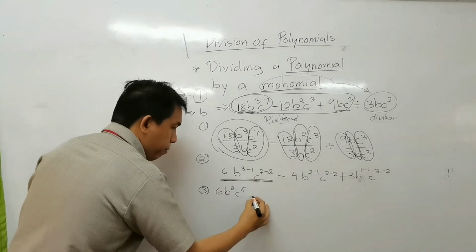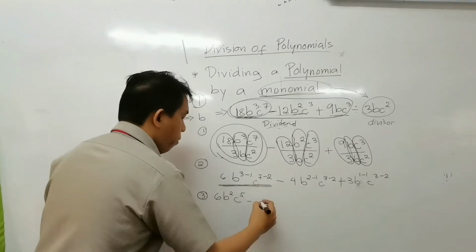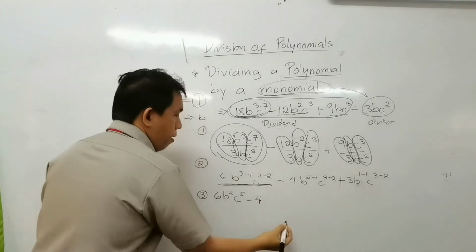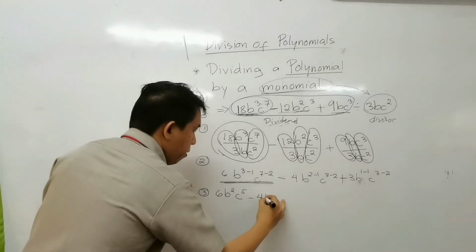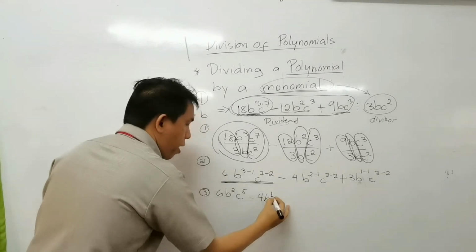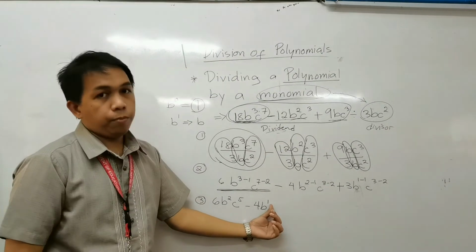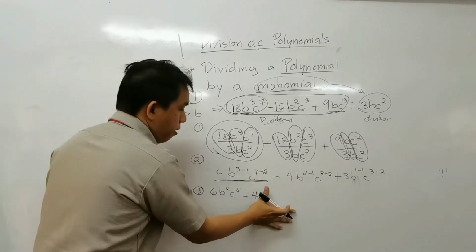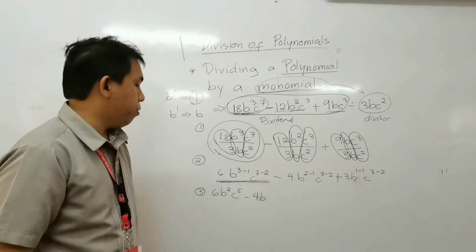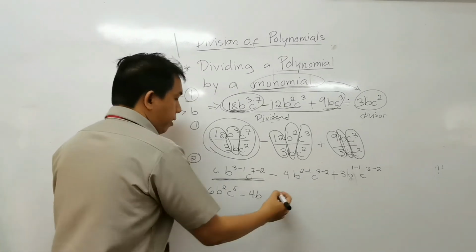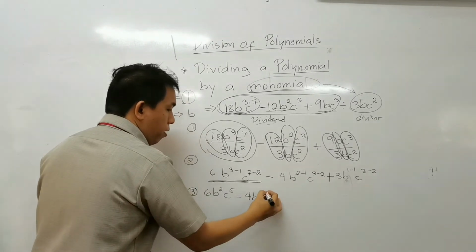Next, minus. Let's have the other one. So we have 4. And then 2 minus 1, we have b to the power of 1. Or again, if its exponent is 1, we can assume that we no longer need to write that one. Next, we have c to the power of 3 minus 2 to the power of 1.